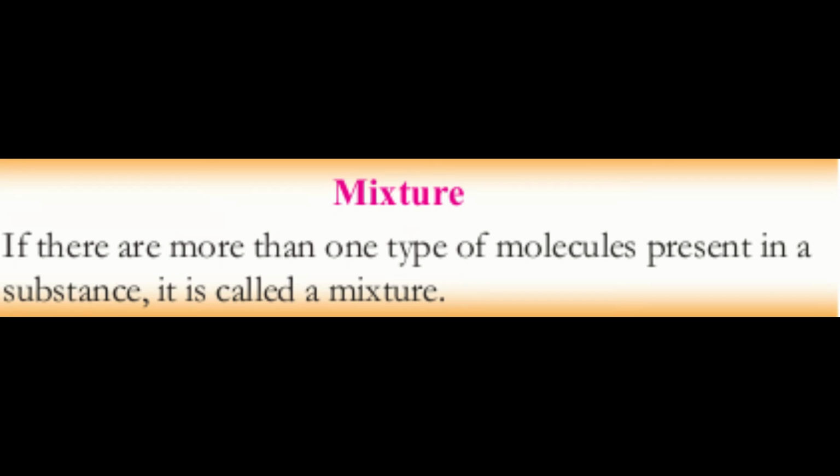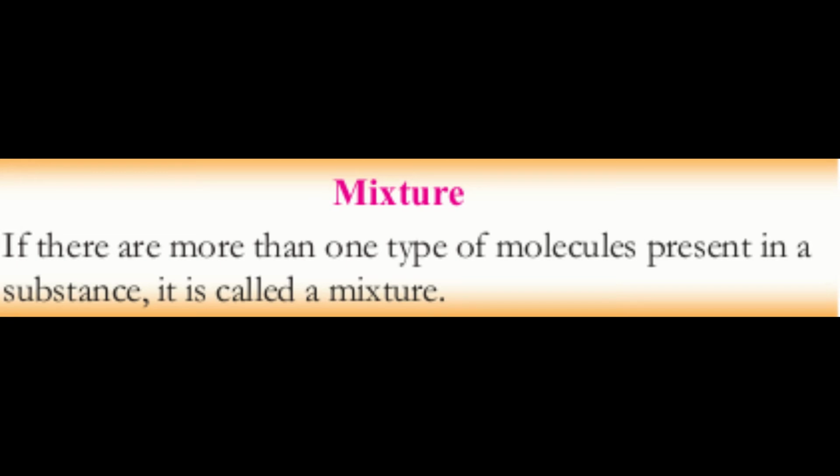Okay. If there is more than one type, for example, in a salt solution, there are two types of molecules. Which are they? Yes, they are the molecules of salt and molecules of water. Okay. So, we say that the salt solution is an example of a mixture, and salt solution is never a pure substance.